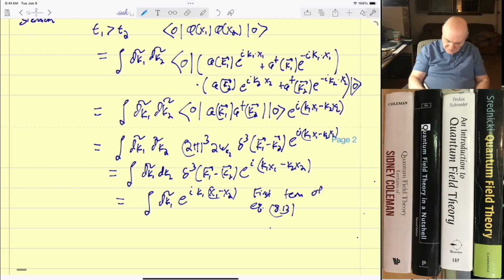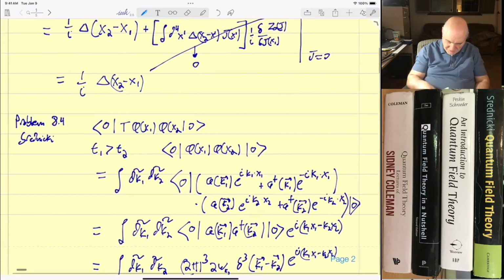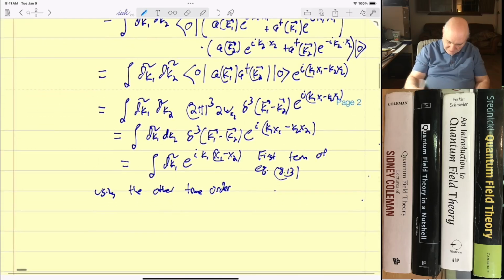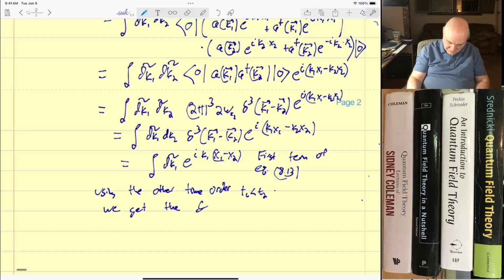And using the other time order, remember we used t1 greater than t2. If we look at t1 less than t2, we would get the second term.